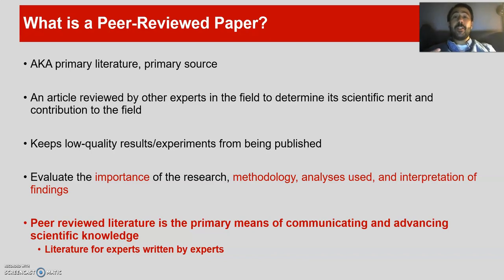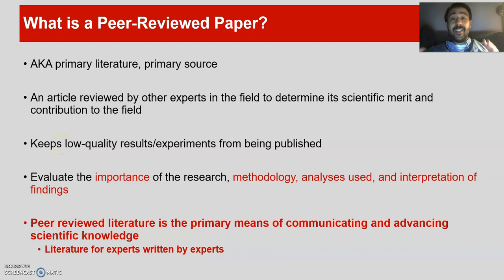So the purpose of a peer reviewer, as they go through these manuscripts when they're submitted for publication, is to look at how novel the research question is, is the methodology appropriate, are the statistical analyses that have been employed appropriate, and are the interpretations and conclusions drawn from those data analyses logical, rational, and do they make sense, right? So that's the whole purpose of the peer review process.